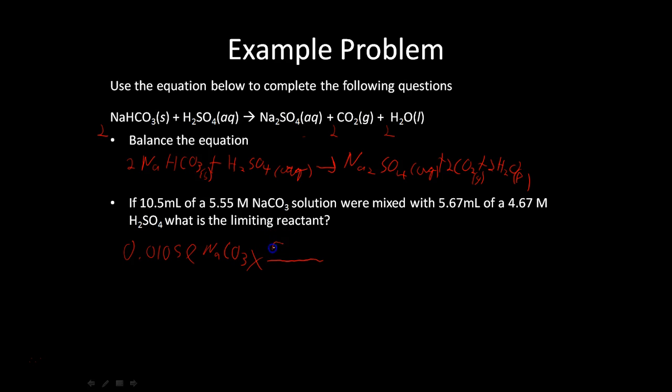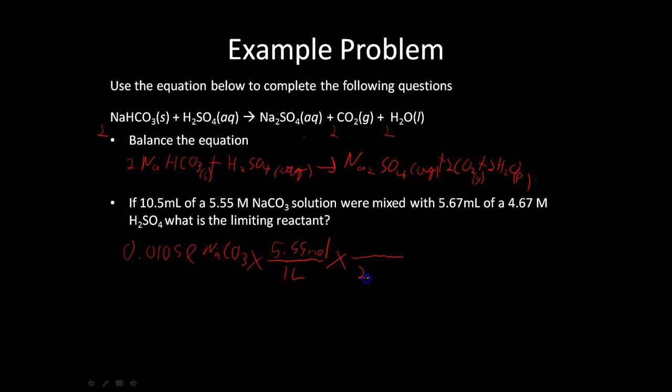So I see it's 5.55 mole per 1 liter from this concentration right there. And then I'm going to convert from sodium carbonate into H2O. I see from the balanced chemical equation, I'm going to get 2 for every 2 sodium carbonate.